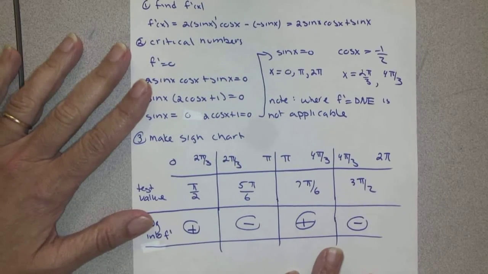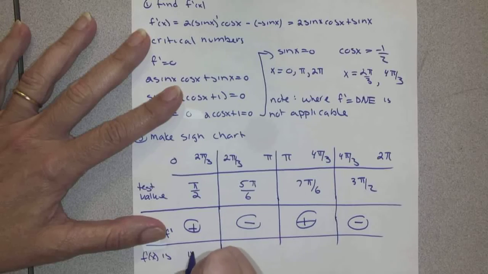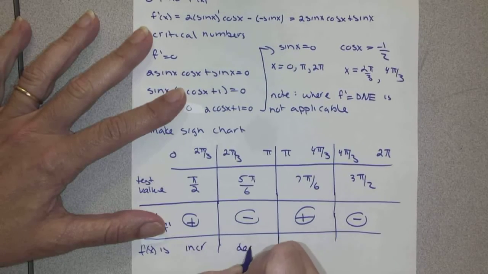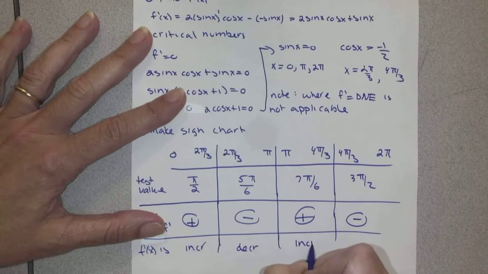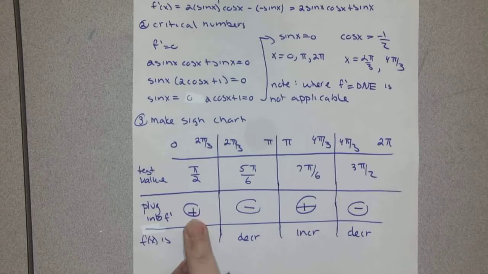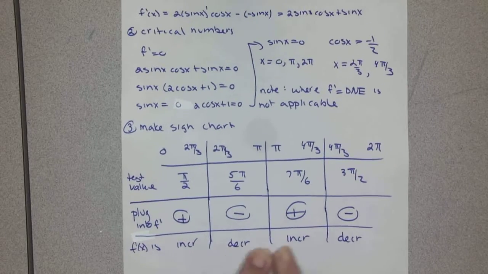Then once I have my chart done, I can say that f of x, my function, is increasing where the derivative is positive, then decreasing, increasing, and decreasing. Positive derivative means my function is increasing. Negative derivative means my function is decreasing.